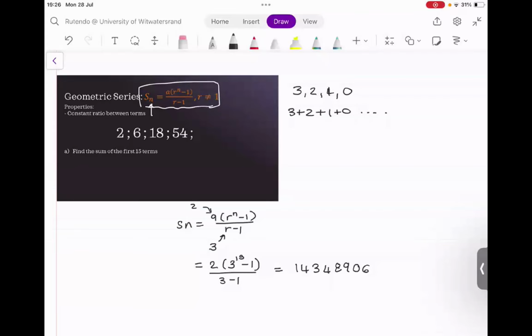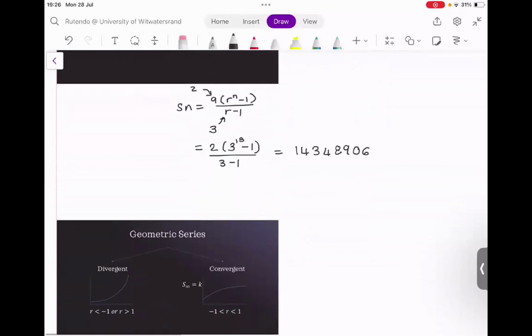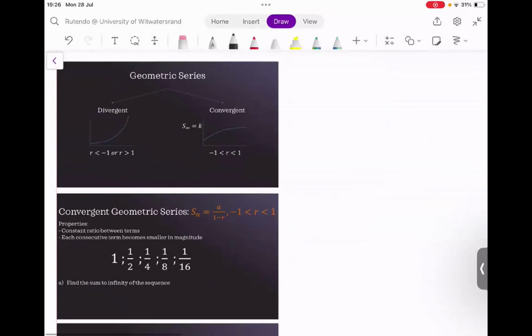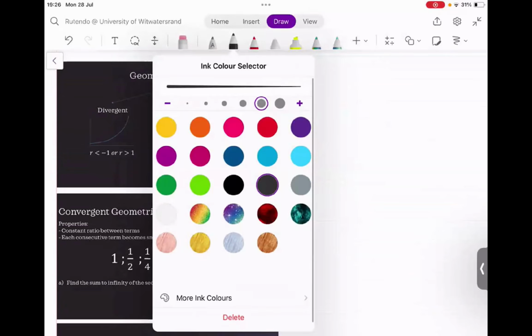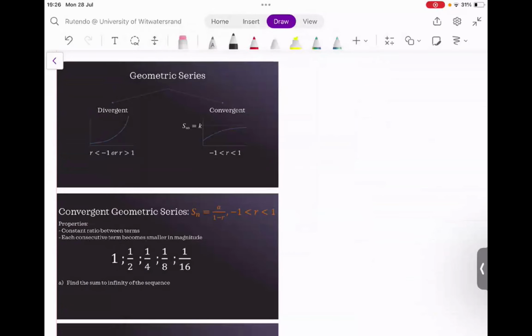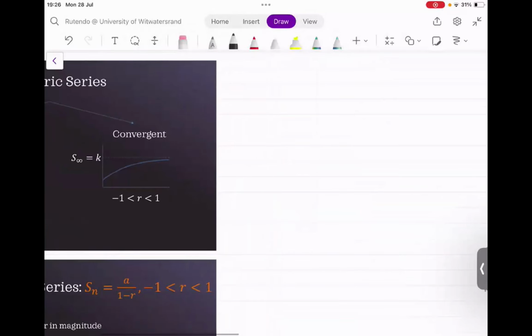So this one's nice and simple because you don't have to figure out a lot of different stuff. And then for geometric series, they can either converge or diverge. Converging is a very nice concept to think of. If I have, let's say, 1 and my R is a third, what's my next number going to be?